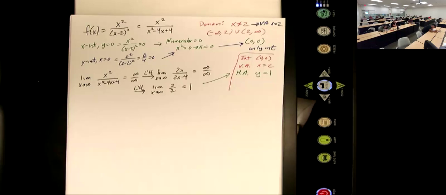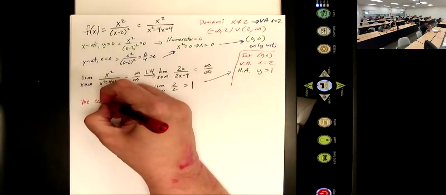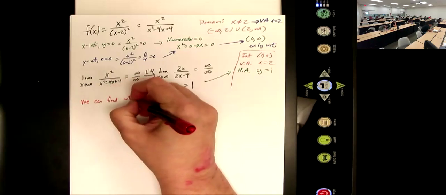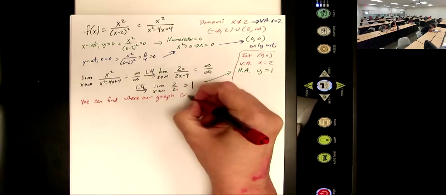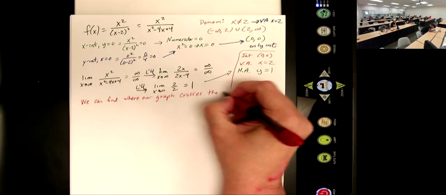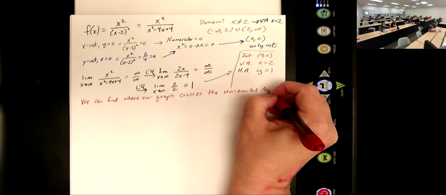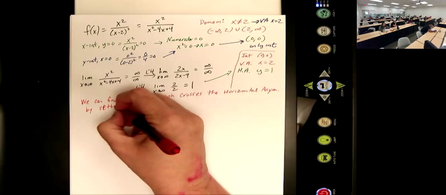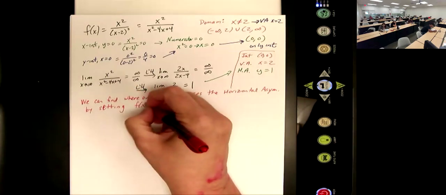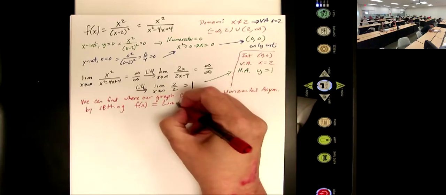I didn't put this on the list, or maybe I should have. We can find where our graph crosses the horizontal asymptote by setting f of x equal to that limit and solving.